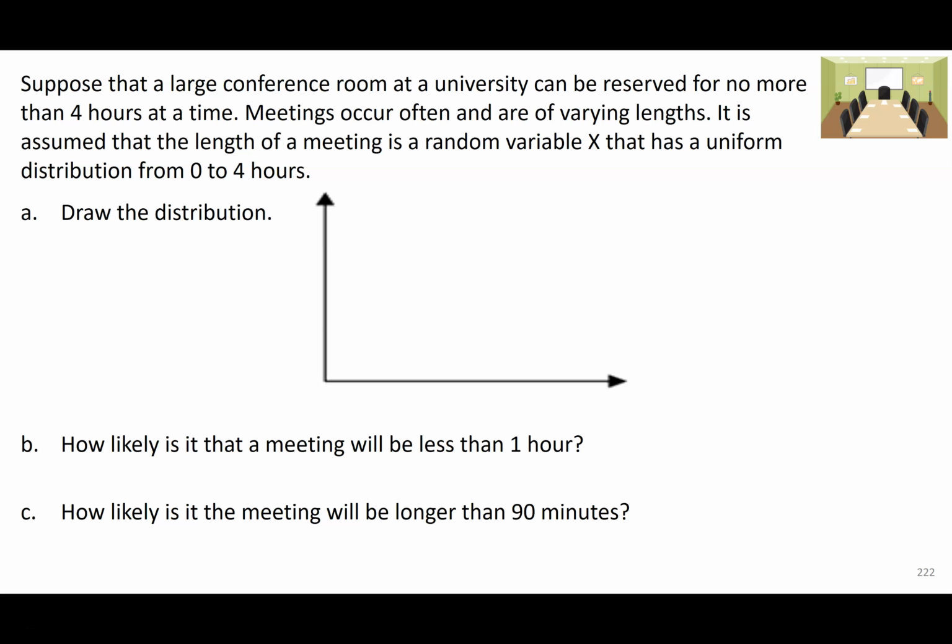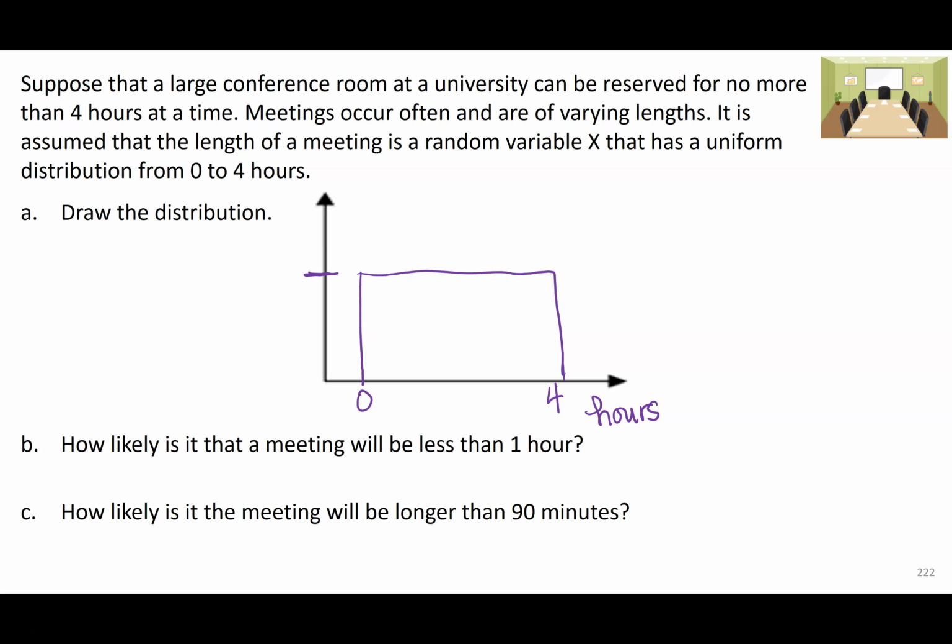We're going to use that conference example, where they can reserve for a meeting anywhere between 0 and 4 hours. We're assuming that the length of a meeting is a random variable and it has a uniform distribution, anywhere from 0 to 4. The first thing, when I hear uniform, I'm going to draw a rectangle. This is not the prettiest rectangle, without a straight edge. So from 0 to 4, and since this is in hours, I'm going to write hours. It is a little important here.